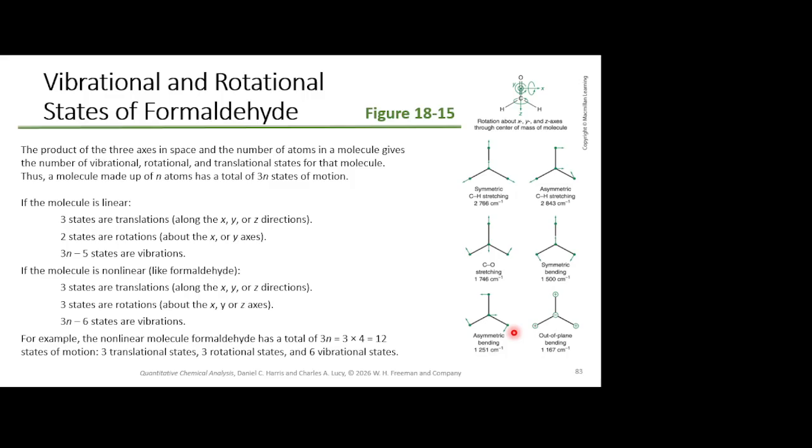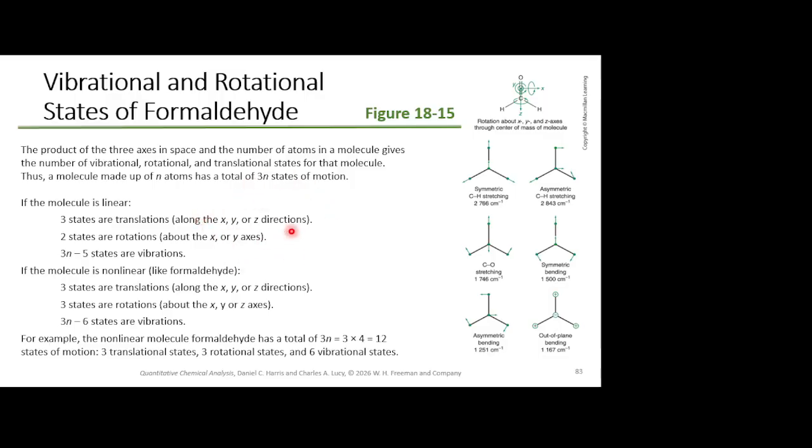Okay. So there are the product of 3 axes in space, of course, and the number of atoms in a molecule. This is going to give you a number of vibrational, rotational, and translational states for that molecule. So if we have n number of atoms, the number of different motions we can make with those atoms would be 3n. 3 dimensions, and n being the number of objects that can move around, right?